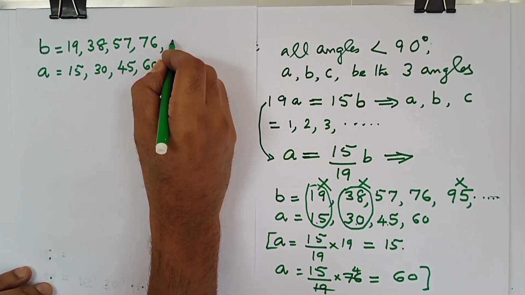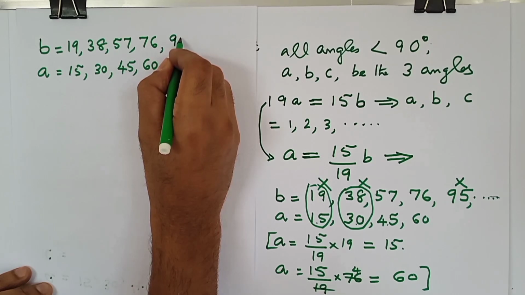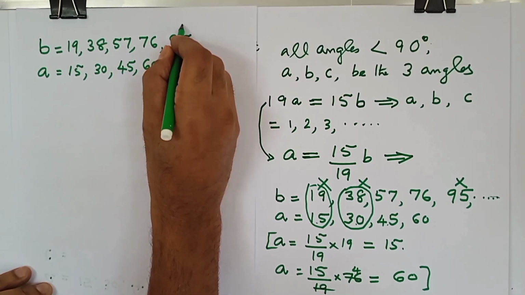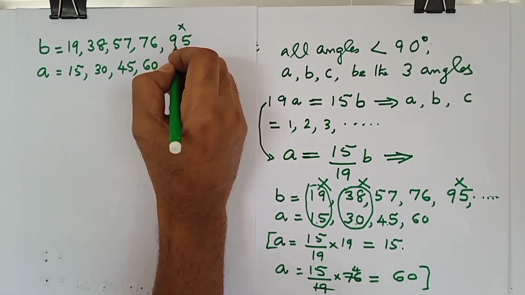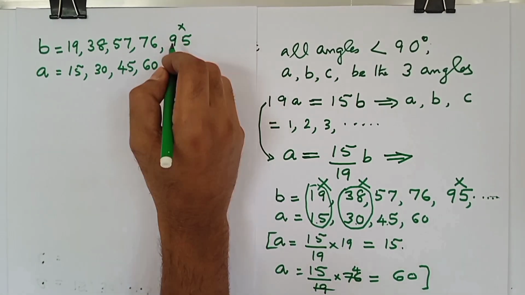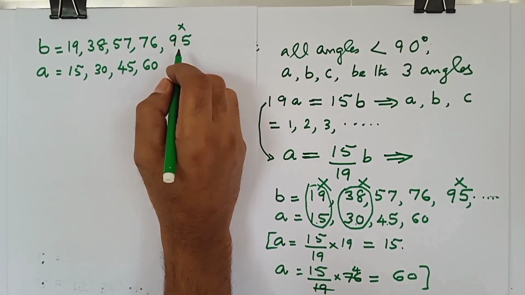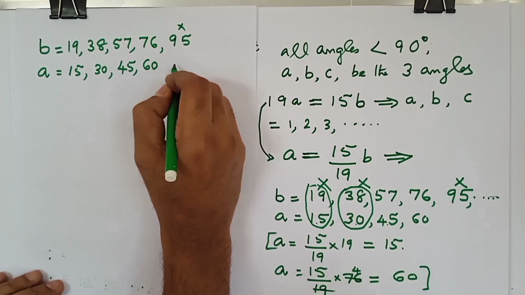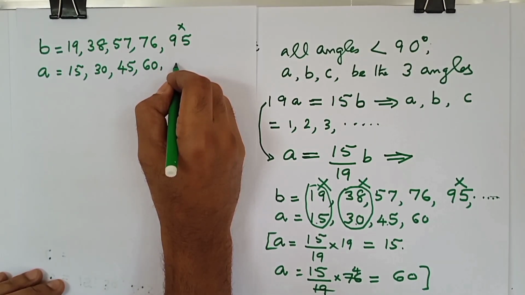The next value we had found out was 95, which is not possible because this is greater than 90. Angles have to be less than 90 to make it an acute angled triangle. So don't waste your time finding out this.